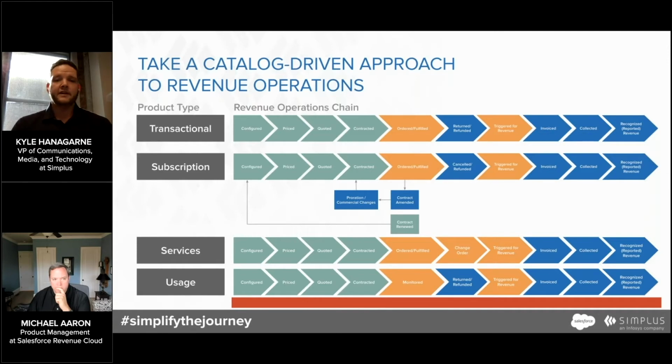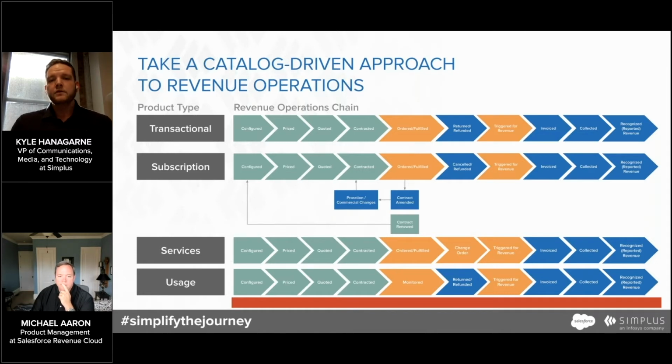The actual mechanics of how you configure a transactional product, how you price it or discount it, how you put it on a quote or how you contract for it or do approvals for it might be unique to just those transactional products, right? So understanding every single one of these chevrons by product type is key to controlling your business and optimizing your overall revenue operations chain.